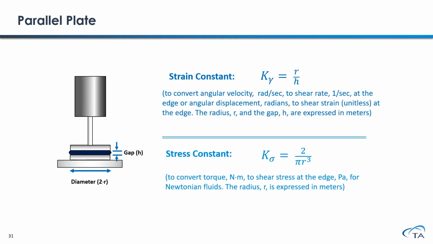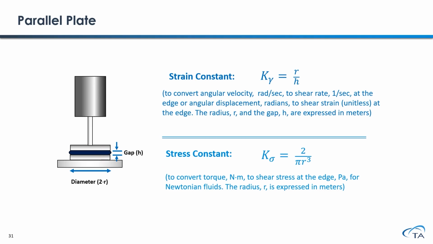Parallel plate geometry is more popularly used in general rheological measurements. And here are the formulas to calculate the strain and stress constant in a parallel plate. Since the gap is used in this calculation, that means when using parallel plate geometry, you can vary your measurement gap.